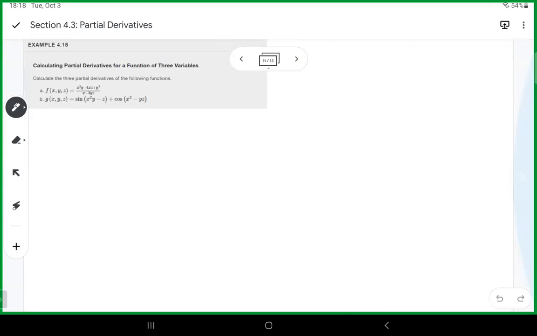All right. Part A. In each case, we treat all variables as constant except for the one whose partial derivative you are calculating. So let's look at part A. Okay, so we have f of x, y, and z.